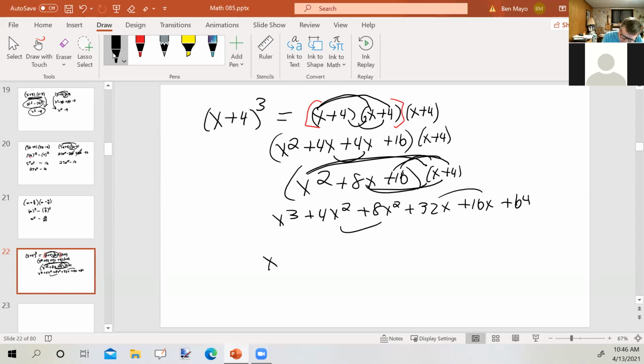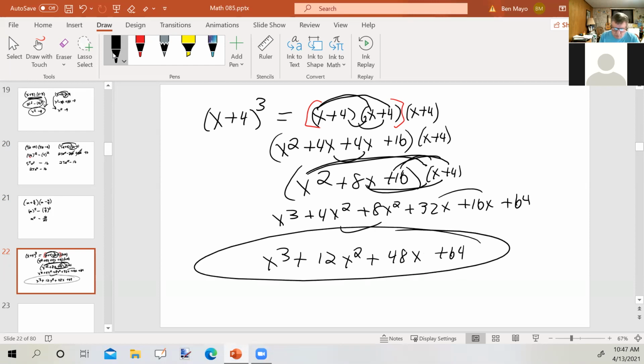Combining like terms, x cubed plus 12x squared plus 48x plus 64. So we get this huge polynomial. And again, it's not x cubed plus 4 cubed. It's x plus 4 times x plus 4 times x plus 4. Any questions about that situation?